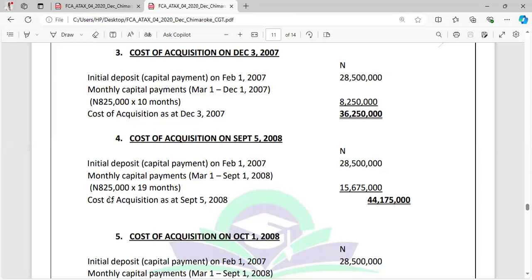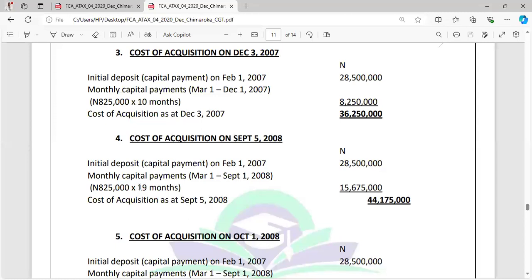You are supposed to pay 20 equal installments, and now we are using the capital payment of 825,000 instead of 1 million. We were supposed to have 20 installments, but now we have paid for 19 installments. One more month to go, and we sold the assets.